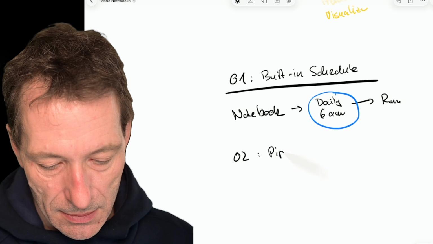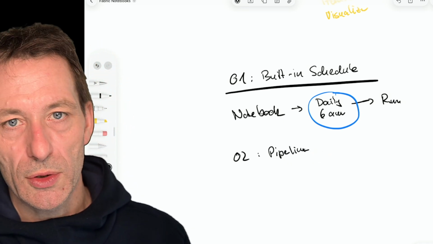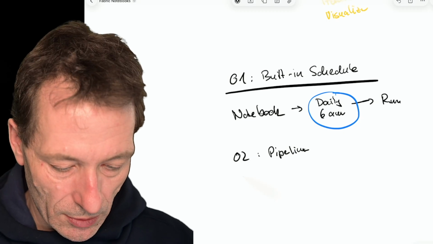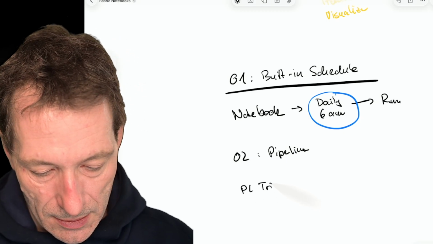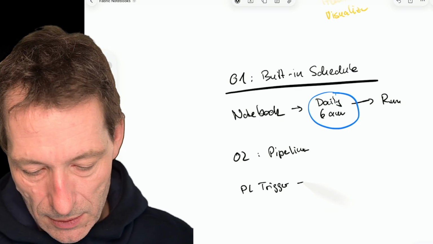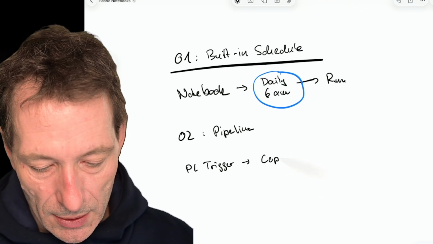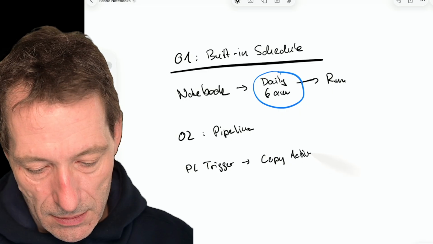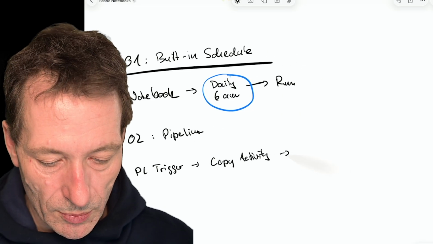When you need it a little bit more sophisticated, you can embed in option 2, pipeline. You get the idea? You can embed your notebook into a pipeline. So in the pipeline, you have the pipeline trigger first that kicks off the pipeline. Then you have, let's say, a copy activity. Very typical. Then you have your notebook activity.